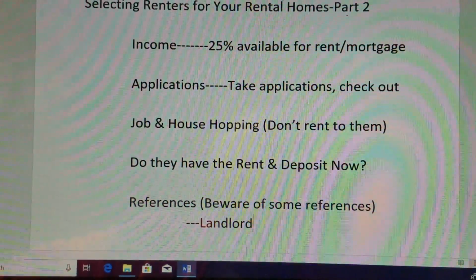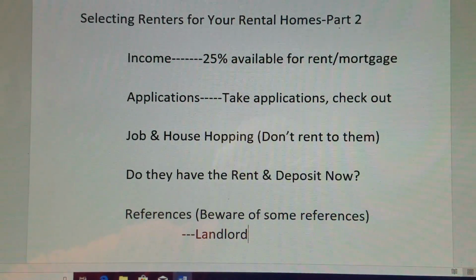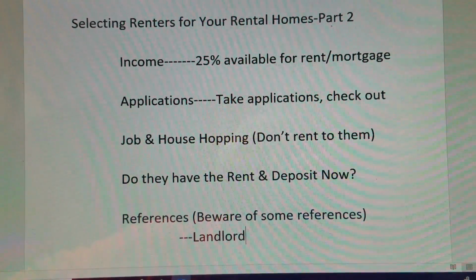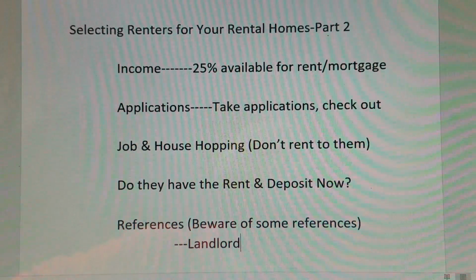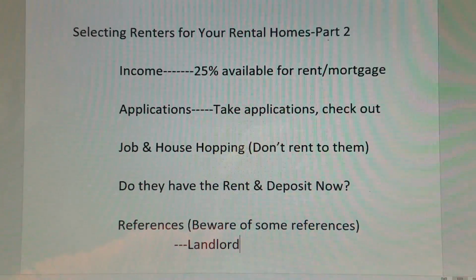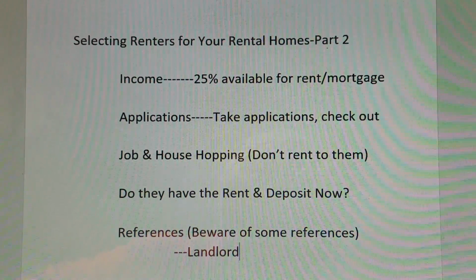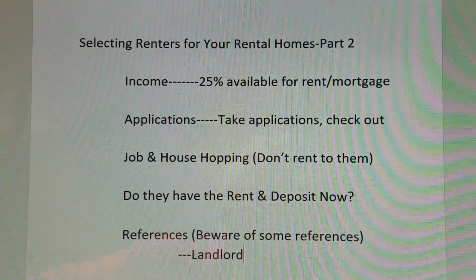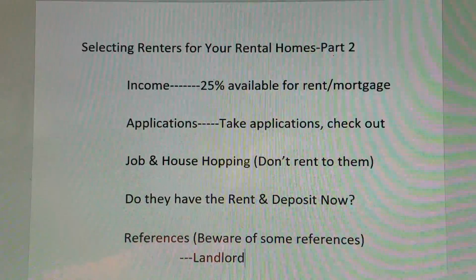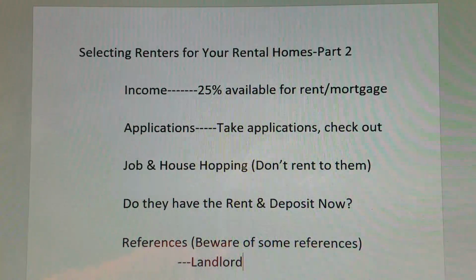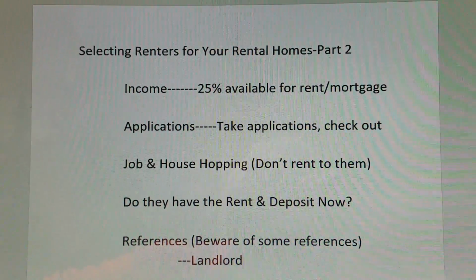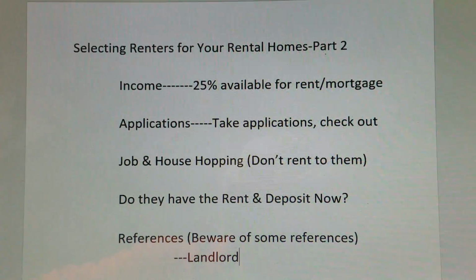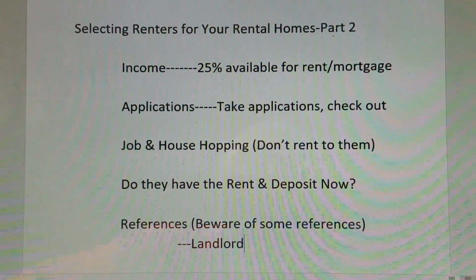Well, if they don't have the rent and deposit money right now, then they're probably not going to have the rent money when it becomes due. So it's best not to rent to these people that don't have the rent and deposit money right now. They're not very financially responsible if they don't have some money saved up and can go ahead and pay the rent and deposit immediately.